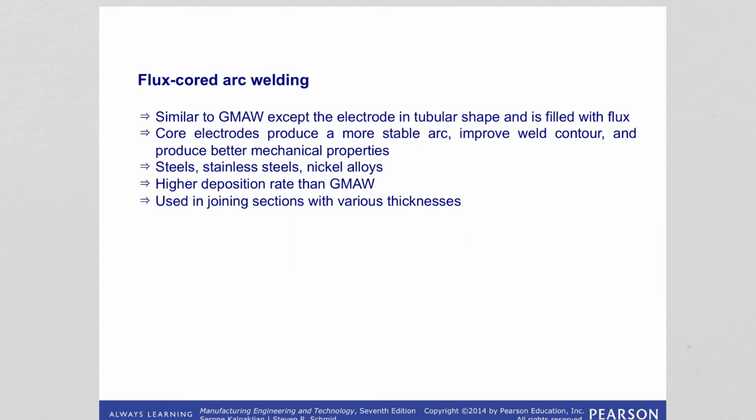The continuous electrode is fed automatically through a welding gun, with the electrical contact being maintained through the bare metal exterior of the wire near the exit of the gun.